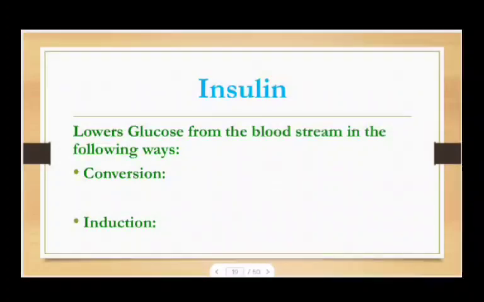What are the following ways? Insulin is nothing but a glucose balancing hormone. So if the glucose level in your blood, or the sugar level in your blood, rises, insulin is secreted to bring it down. And how does it bring it down?